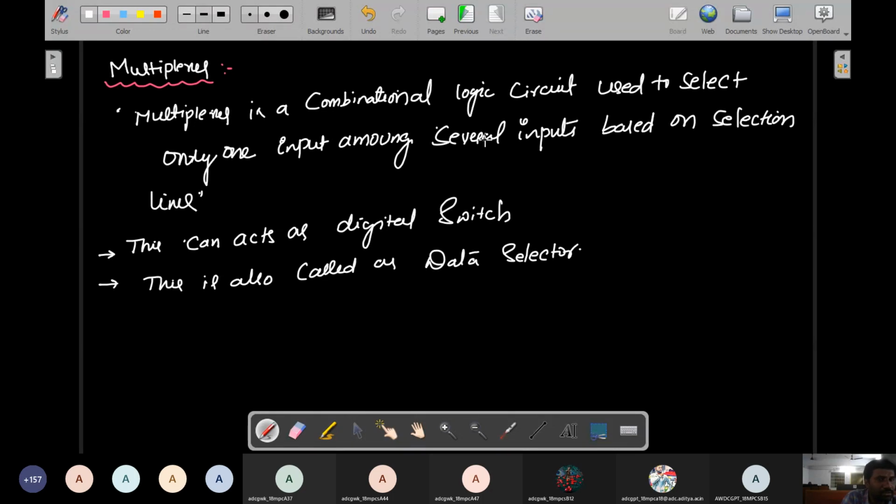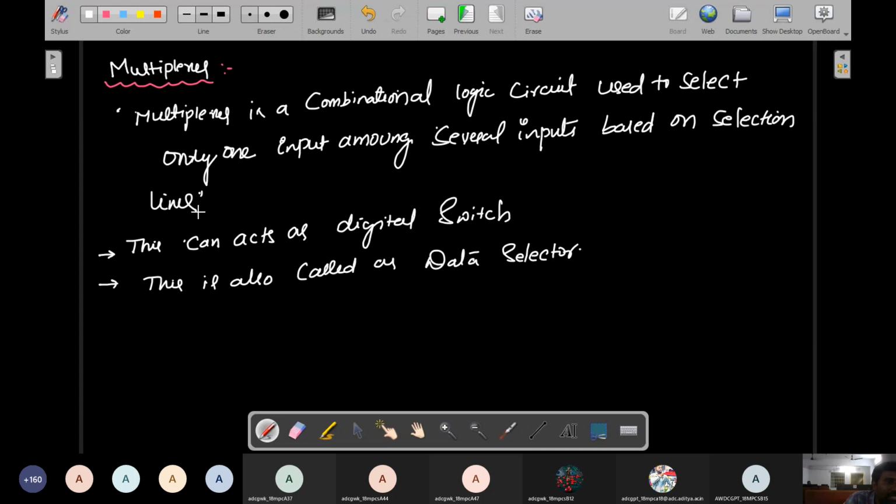Multiplexers are combinational circuits, because a multiplexer generally has n number of inputs and only one output. Out of the n inputs, the output selects any one input. How does the output connect to any one of the inputs?